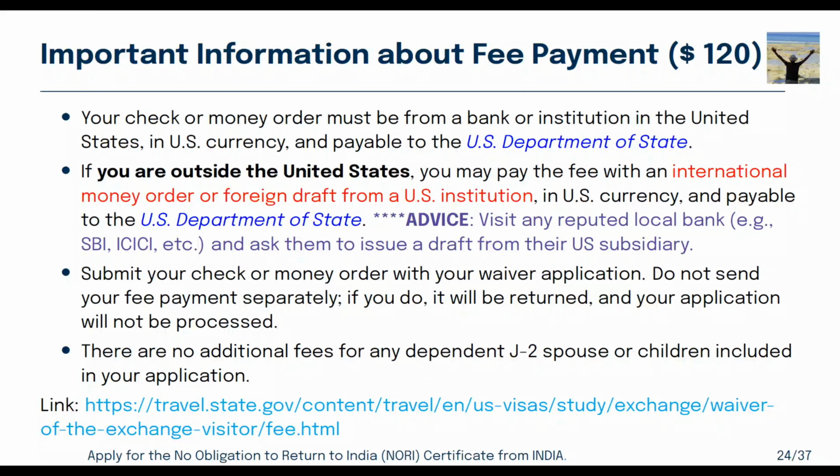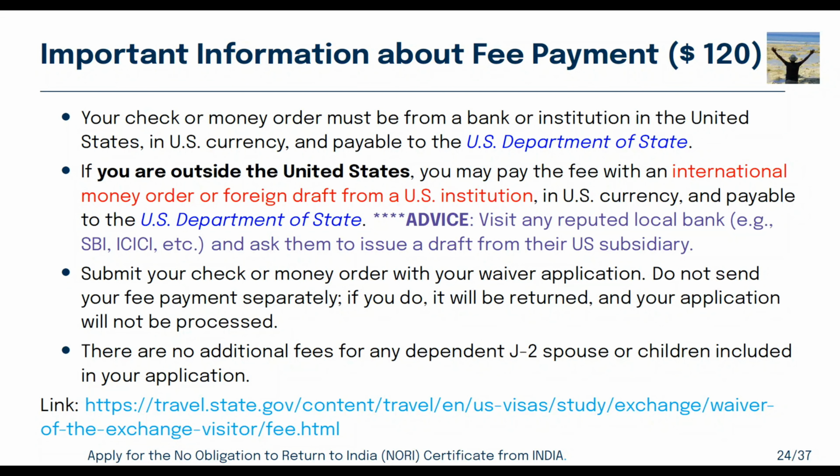My advice will be to visit any reputed local bank like SBI or ICICI and ask them to issue a draft from their US subsidiary. It will be the easiest way for them, and they can issue a money order or draft for you. Then submit these with your application to the address. I will show you how.